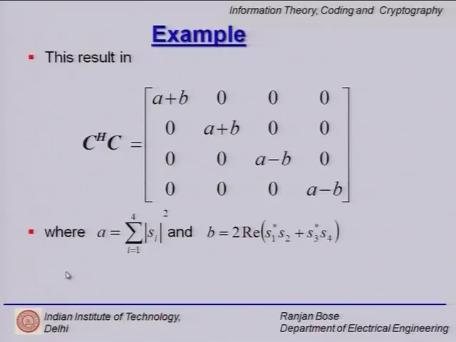So if you are taking the sum of all the 4 symbols effectively, even if one fades, the other 3 will not fade, giving you that diversity gain. They are independently fading. So if you carefully observe, this C Hermitian C is immediately leading you to a diversity of 4.